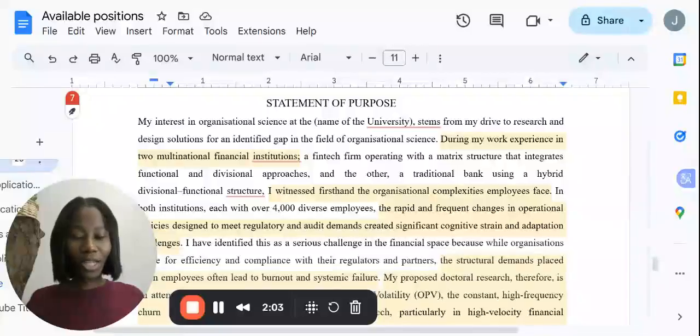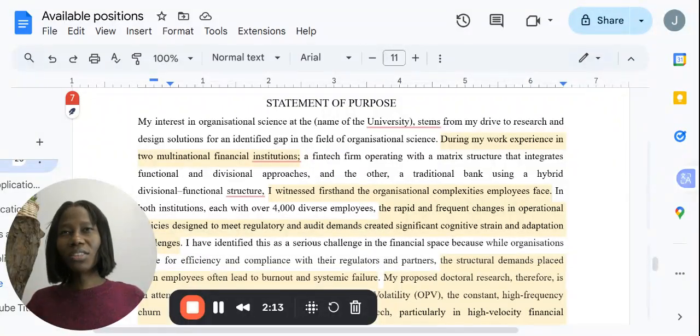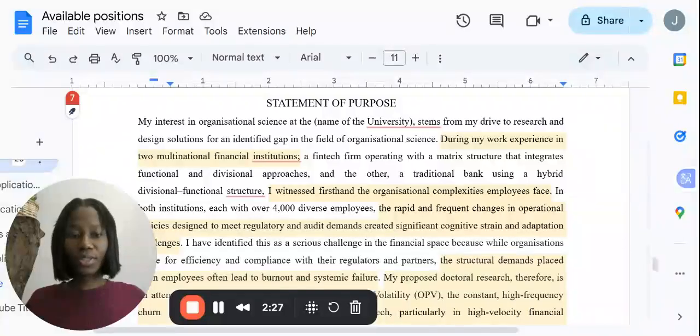And like I mentioned, you have to integrate your academic foundation. What theories have you learned? It could just be integrating what theories work where you have worked. So this person mentioned that the structure of the organizations where they have worked is part of the reasons why they want to do this research.